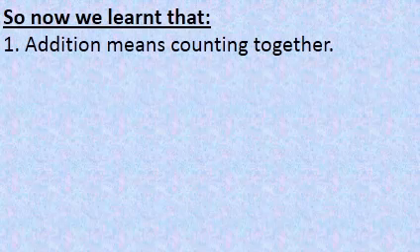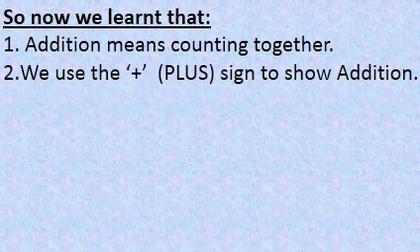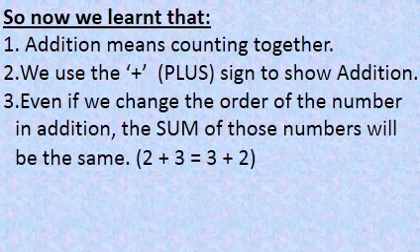In this video we learned that addition means counting together. We use the plus sign to show addition. Even if we change the order of the numbers in addition, the sum of those numbers will be the same.